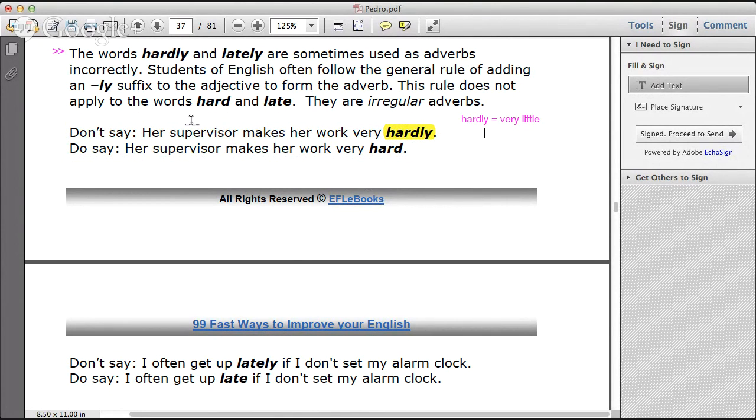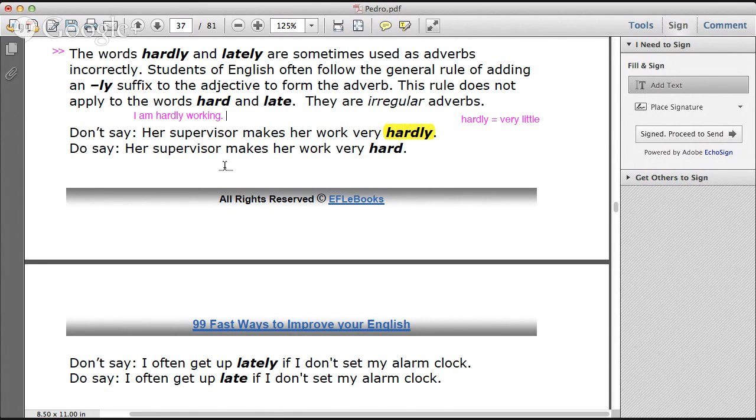So for example, I could say, I am hardly working. When I use this, that means I'm working very little. It does not mean that I'm working very hard. I'm working very little.